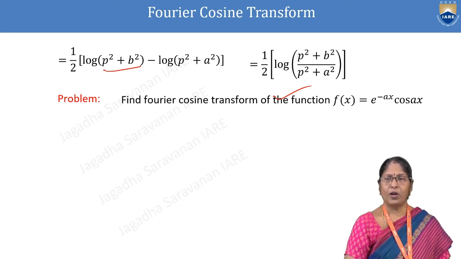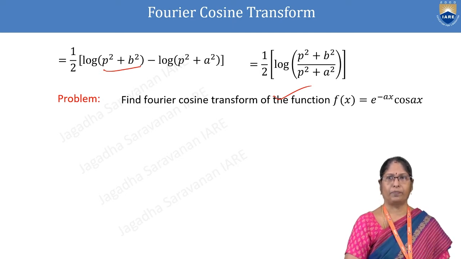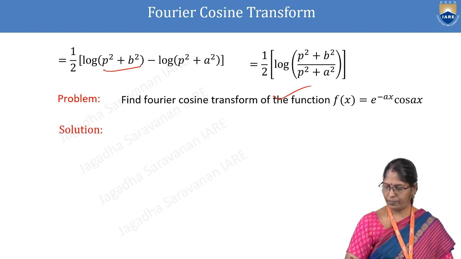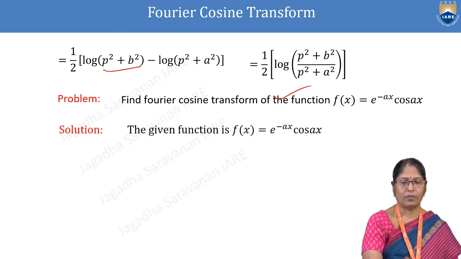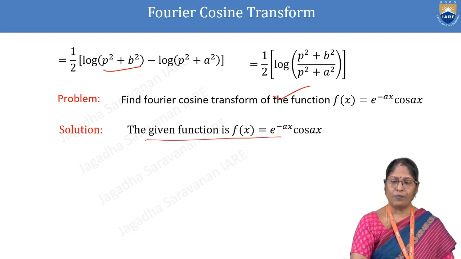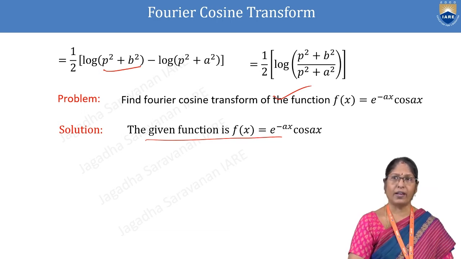Find the Fourier cosine transform of the function f of x equal to e power minus ax cos ax. The solution we will do. So the given function is f of x equal to e power minus ax cos ax.